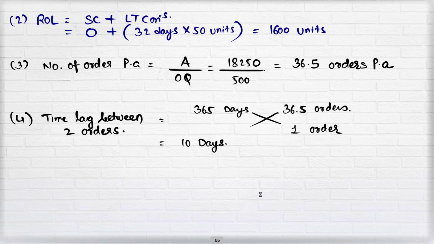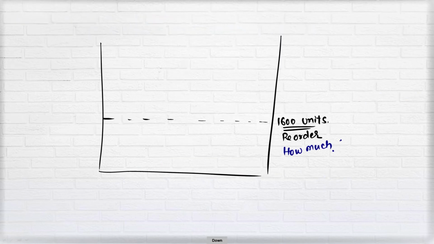How much you reorder? 500 units is your answer. Is it alright? So when your stock becomes 1600 units, you order 500 units more. That is your reordering quantity. 1600 is your reorder level.